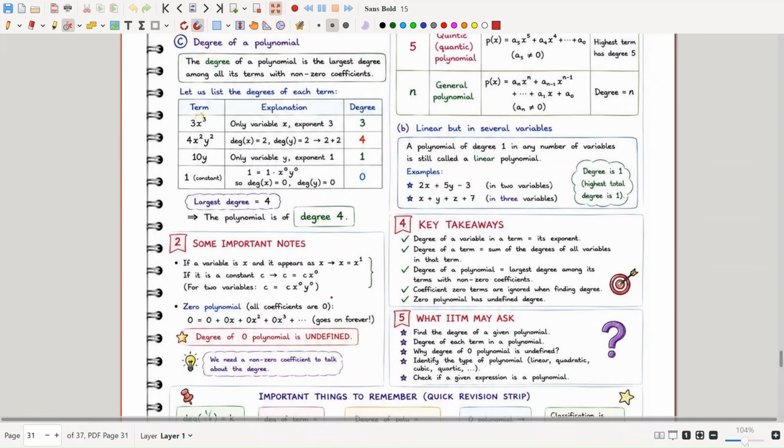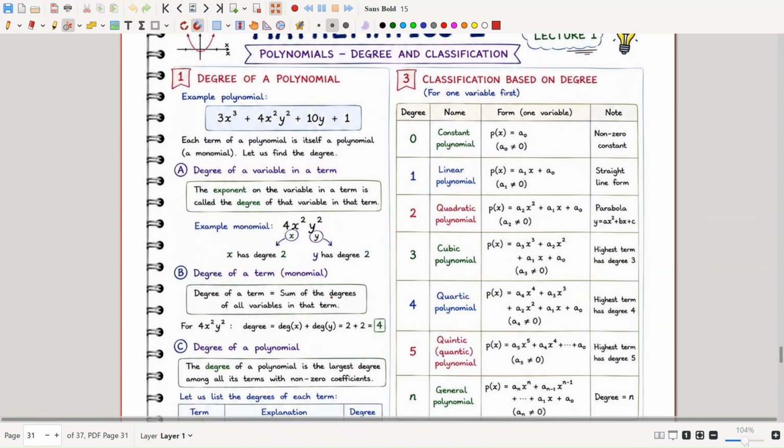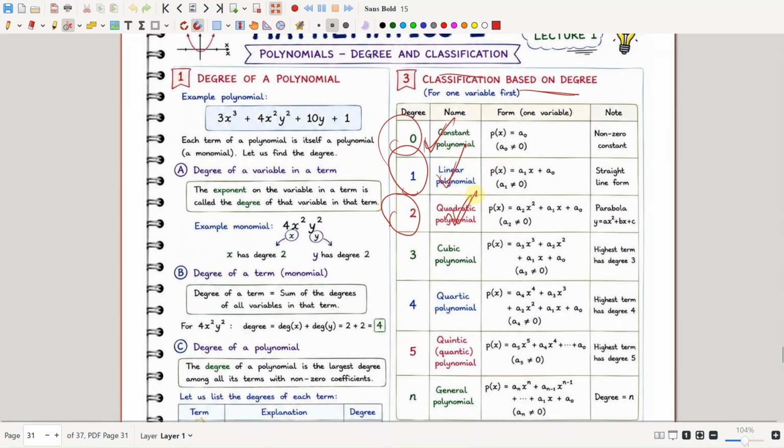Let's classify the polynomials based on the degree. If the degree is 0, it will be a constant polynomial. If the degree is 1, it will be a linear polynomial. If the degree is 2, it will be a quadratic polynomial. For a constant polynomial, the graph will be a non-zero constant line, for a linear polynomial we will have a straight line, and for a quadratic polynomial we will have a parabola.